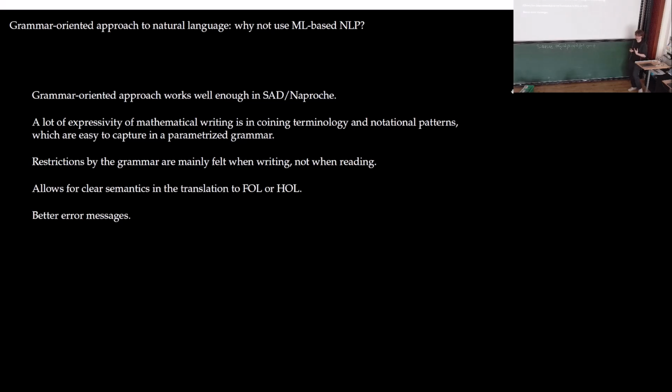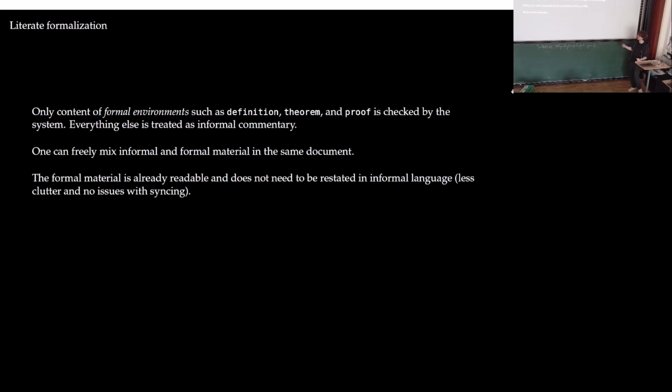And of course, if we have a formal grammar, we have a regular parse tree, and we can translate things in a very straightforward way to first-order logic. And with a proper parser, we also get the benefit of giving proper parse errors, right? If you make a specific mistake, I can point it out, just as with a parser for a programming language and things like that.